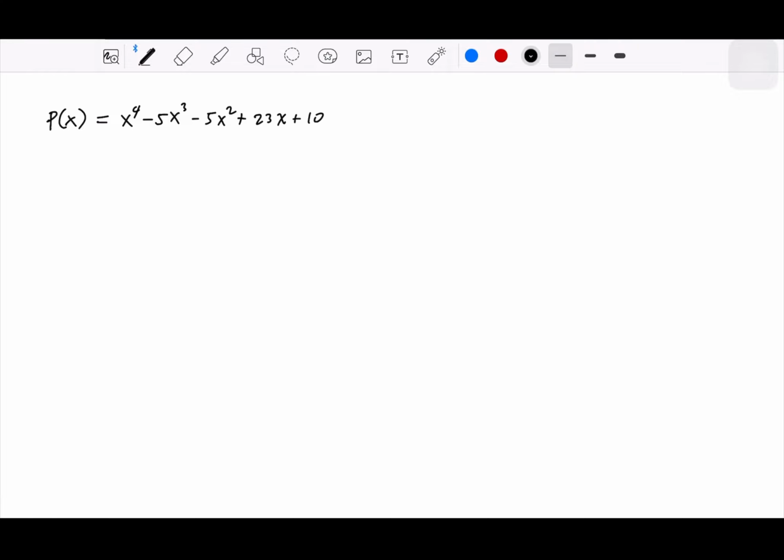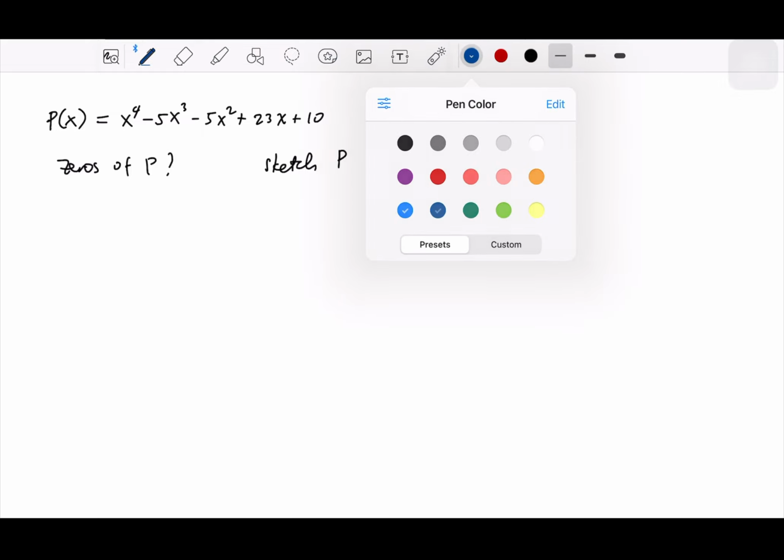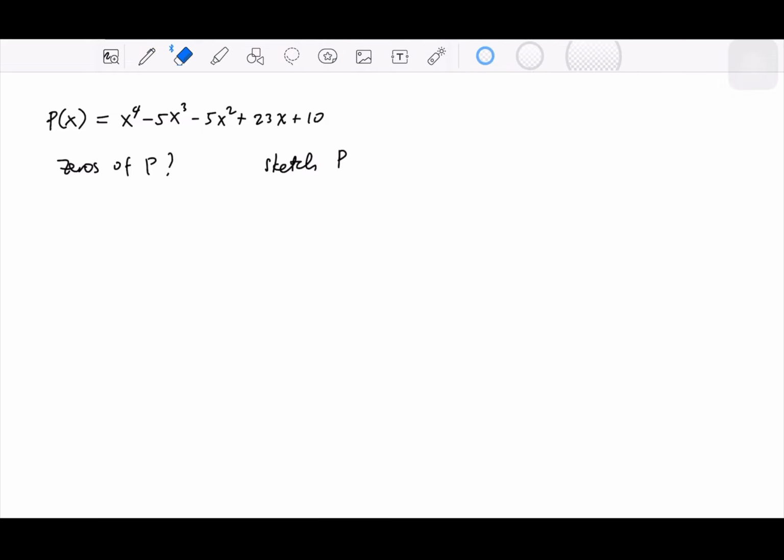So find zeros and maybe sketch P. So first we take this is P and Q. So possibility of zeros.